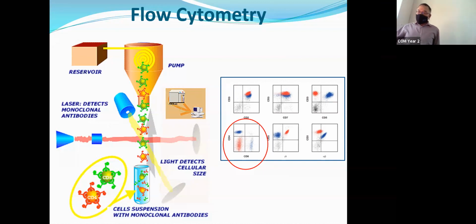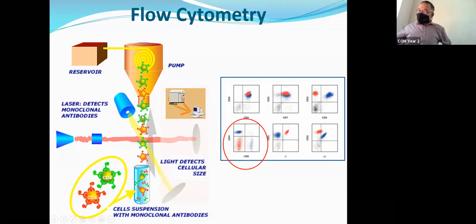You then pass this collection of antibody-stained cells through this reservoir, and this directs every individual cell to pass through this sheath of fluid.